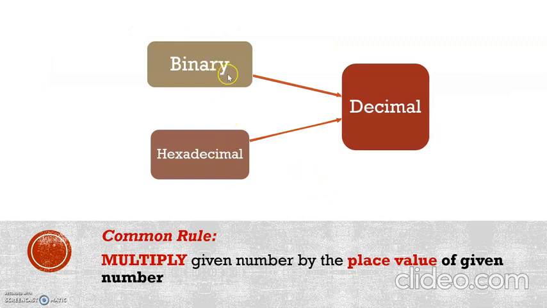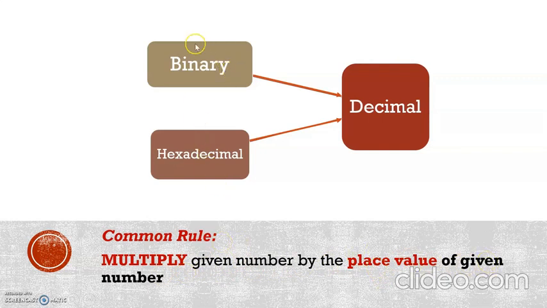Alright, let's proceed to the next conversion. We are going to look at a conversion from other base. Here we have binary and hexadecimal to decimal. Okay, there is also a common rule here. When we convert from other base to decimal, we are going to multiply each digit in the given number by the place value of the given base.